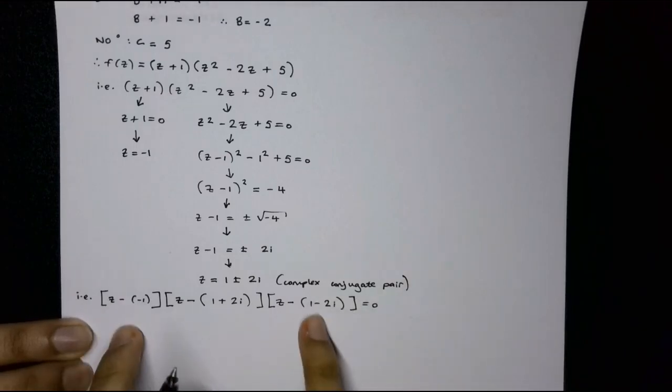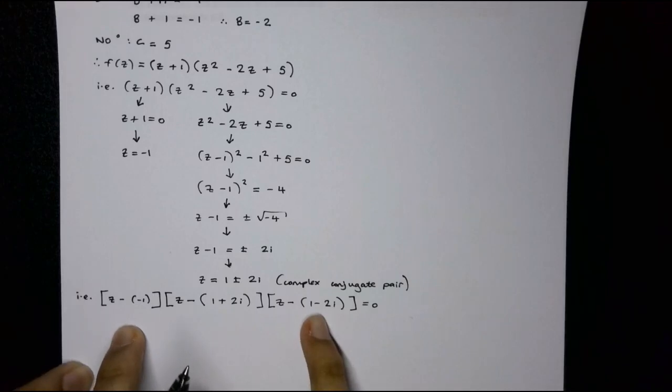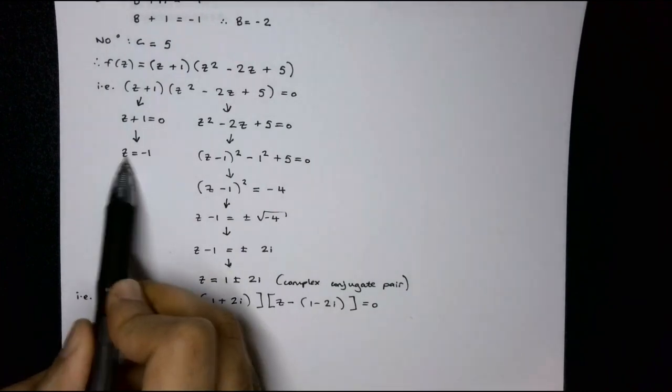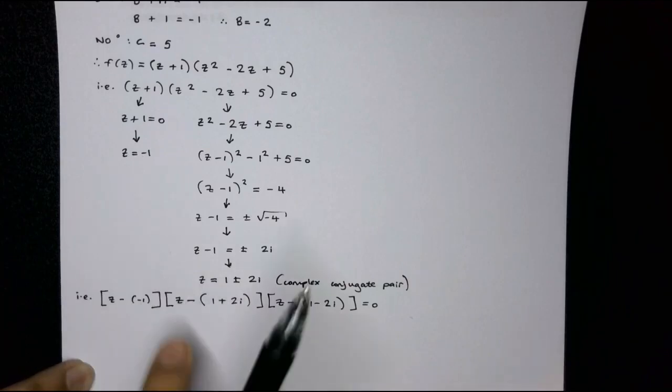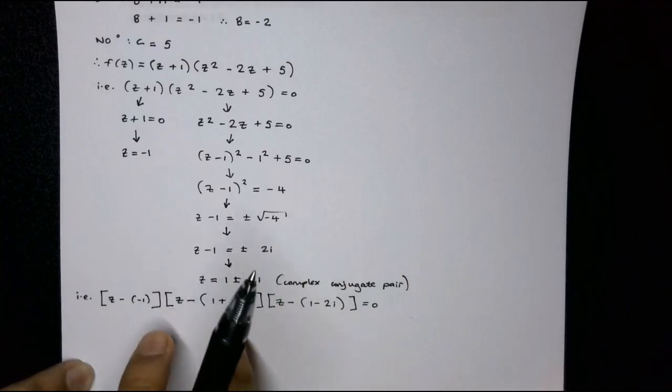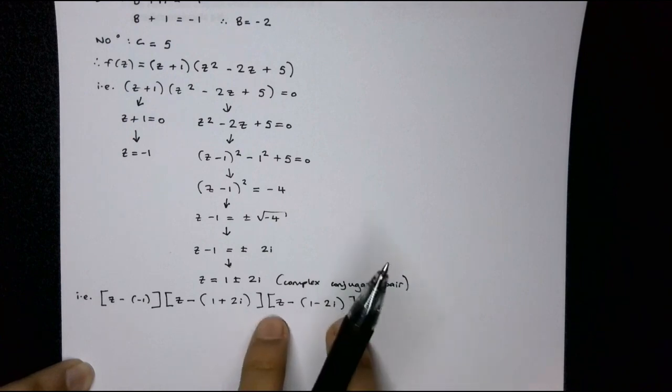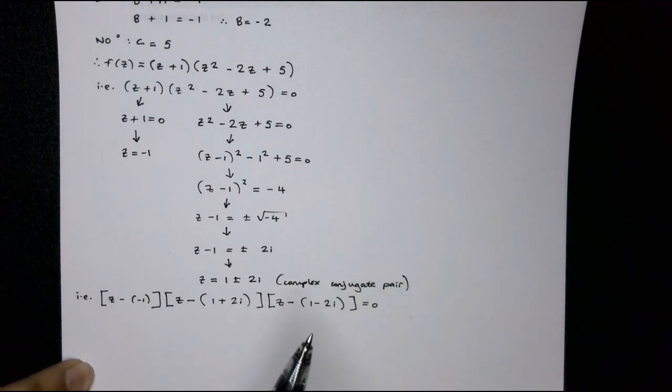So this is an alternative way of writing our cubic equation. Either this bracket is equal to 0, in which case z is equal to minus 1, or this bracket is equal to 0, in which case z is equal to 1 plus 2i, or this bracket is equal to 0, in which case z is equal to 1 minus 2i.